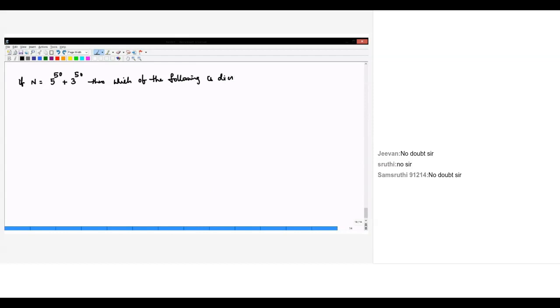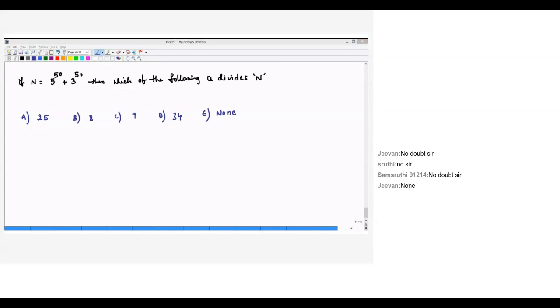Which of the following divides n? Which means factor of n. You can respond through the poll.